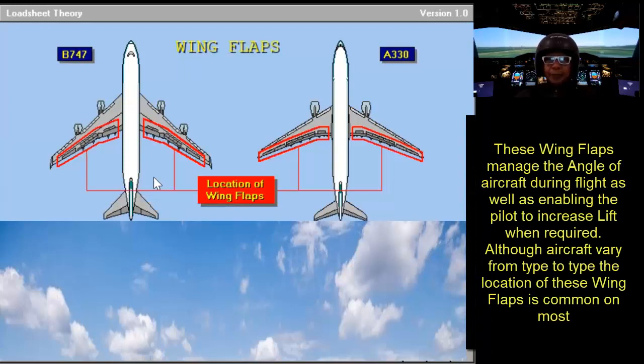These wing flaps manage the angle of the aircraft during flight as well as enabling the pilot to increase lift when required. Although aircraft vary from type to type, the location of these wing flaps is common on most.